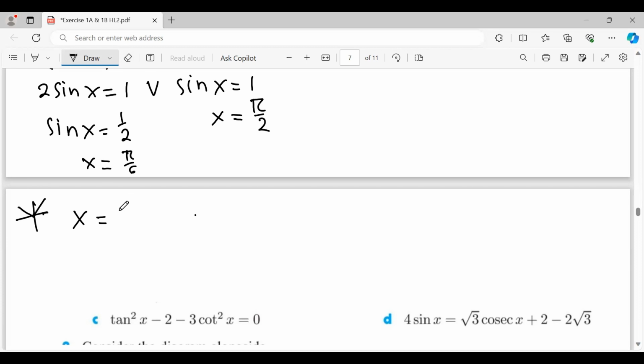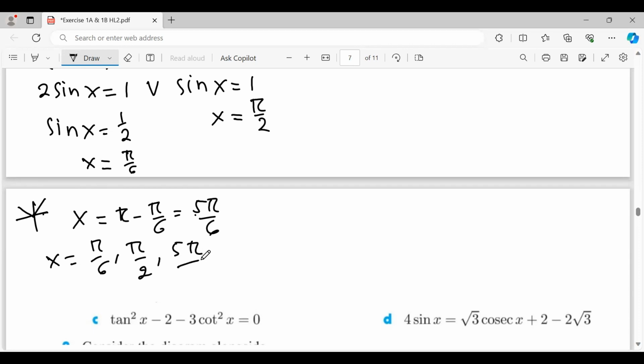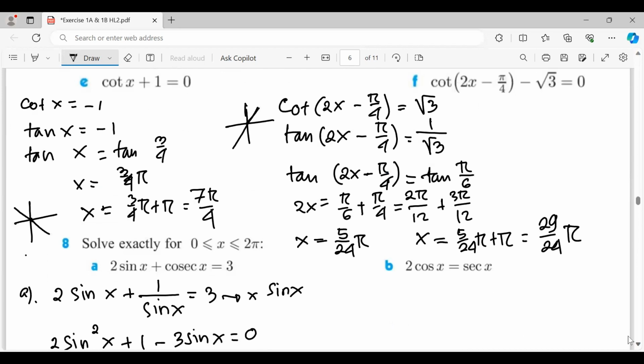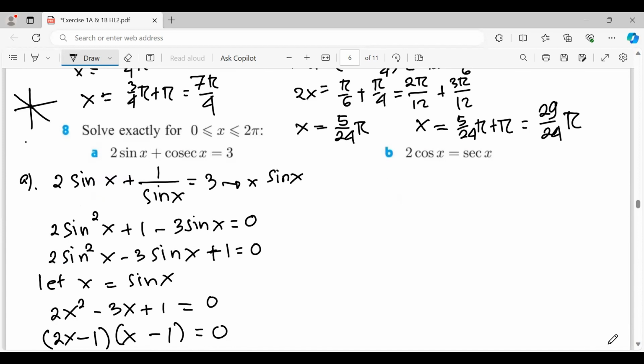So it means 180 minus 30 equals 5 pi over 6. So the solutions: x equals pi over 6, pi half, and 5 pi over 6. Okay. Last one.